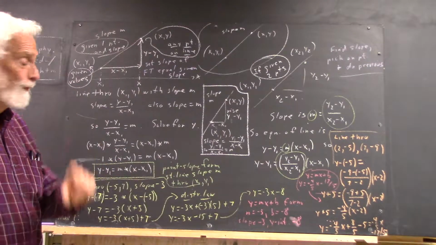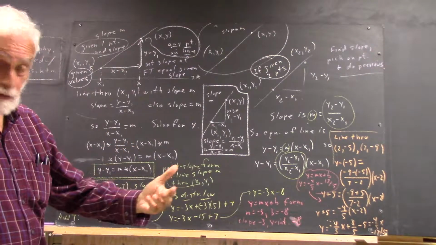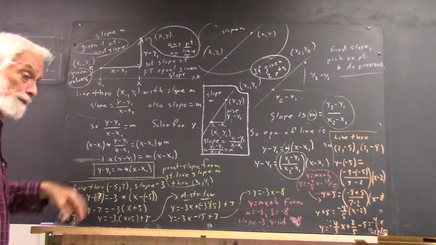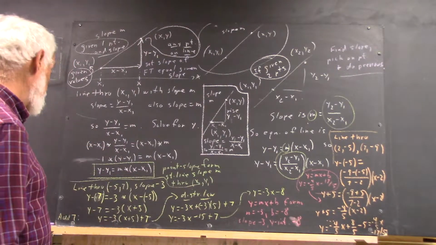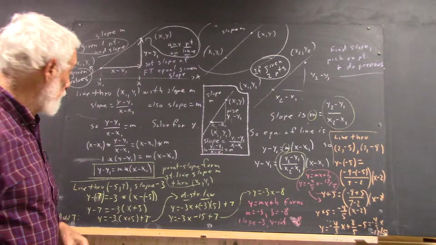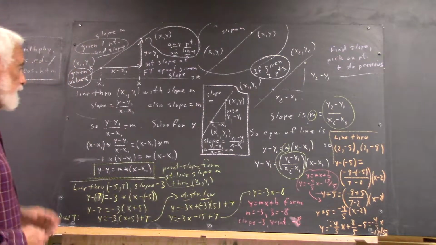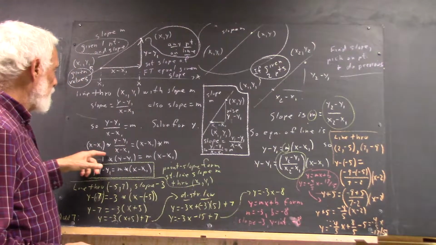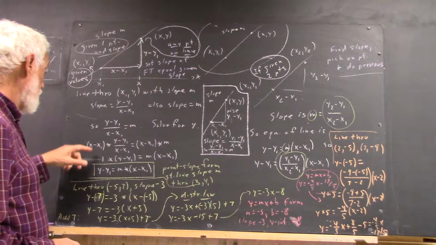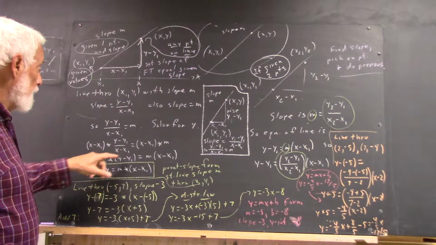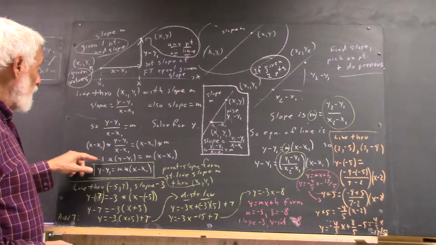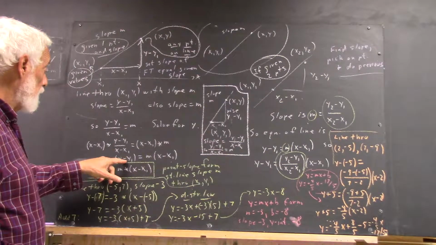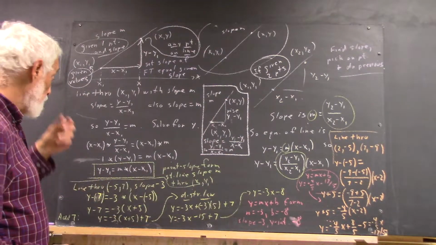It's 1, as long as x minus x1 isn't 0. 0 divided by 0 is not a defined quantity because you can never divide by 0. But in the absence of x being equal to x1, x minus x1 divided by x minus x1 is 1, and 1 times the quantity y minus y1 is just y minus y1.